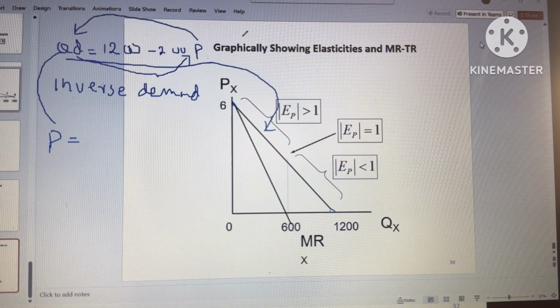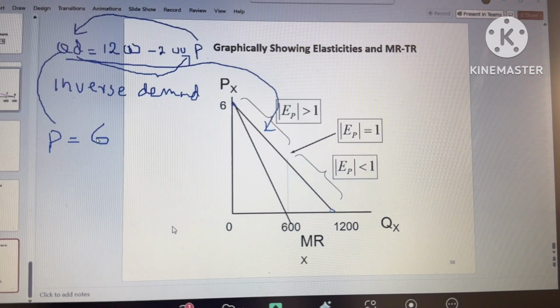Madhushan, can you tell me the answer? Sandharwan? 6. Okay. 6 minus QD divided by 6.